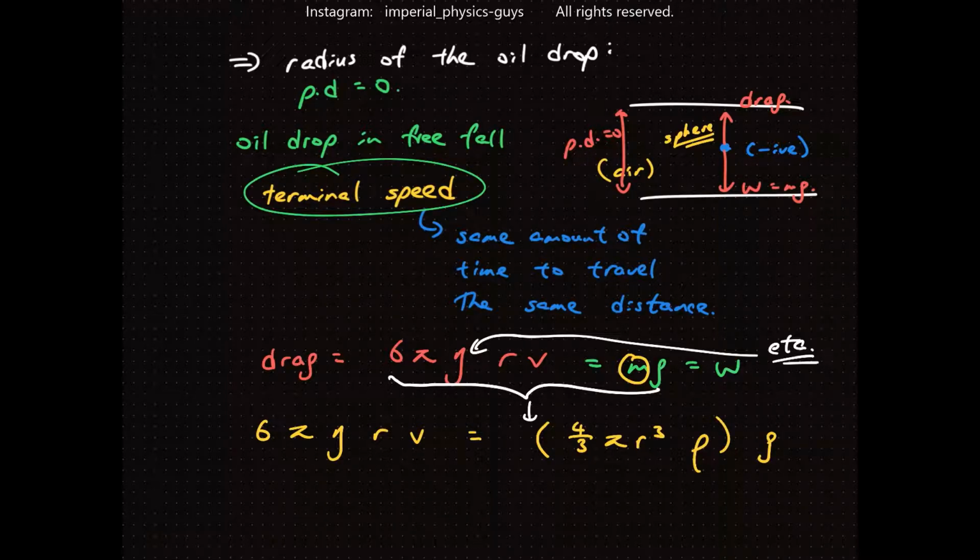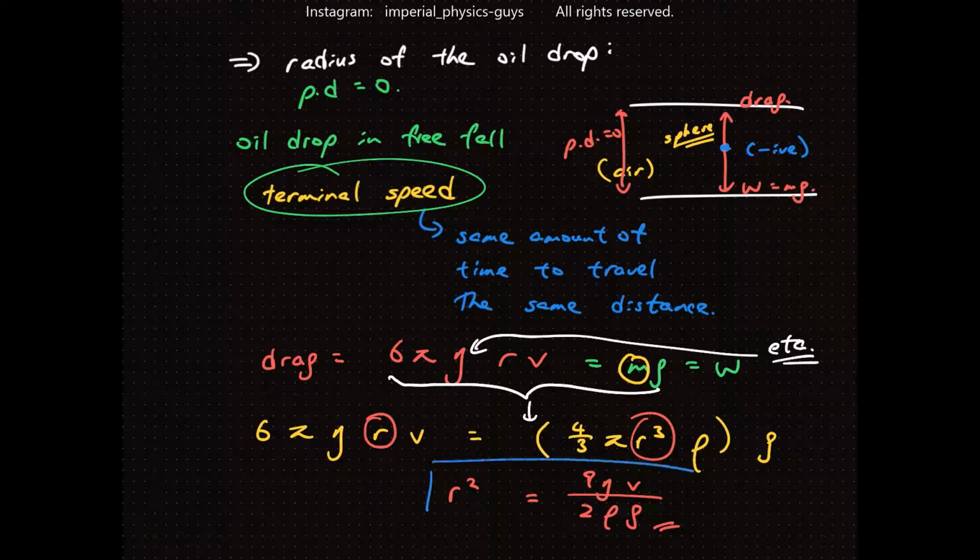And what I have to do now is to rearrange this expression, make r the subject, where we have r squared on the left, and tidy up all the terms. I have 9 eta v over 2 rho g. And this is the first formula that you must know for Millikan oil drop.